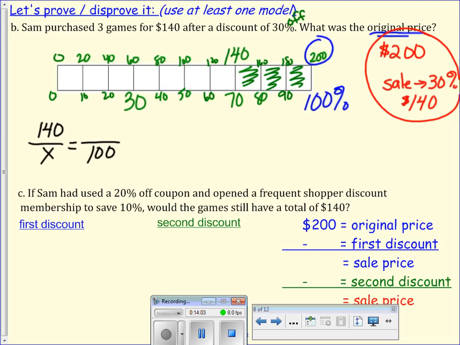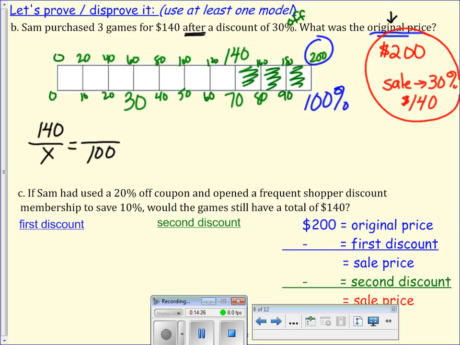Why do we put it on the top instead of the bottom? Because $140 was the price after the discount. We don't know the original price. So 140 was the part of the total price that I paid. But 140 does not equal the 30% that they took off.